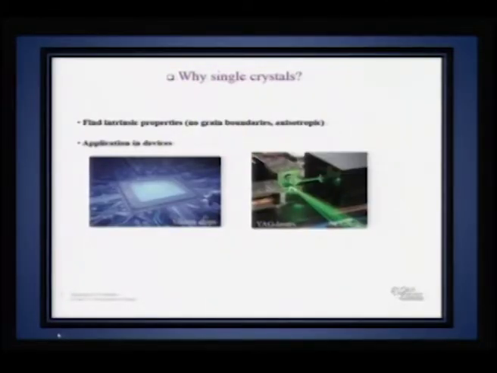Single crystals are not just used for cosmetic uses, but also they find applications in electronic devices. One of the very important applications of single crystal growth is in the silicon industry. We will come to this shortly.